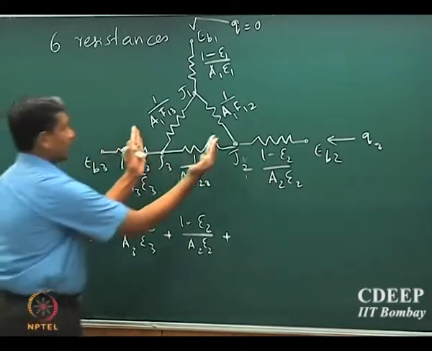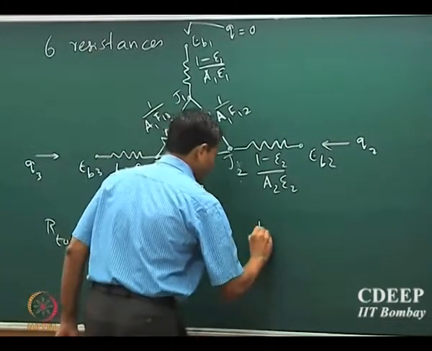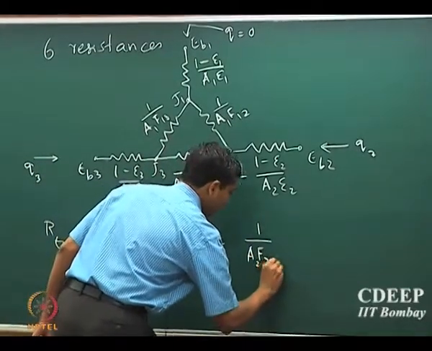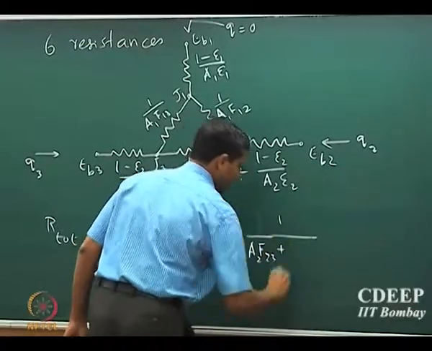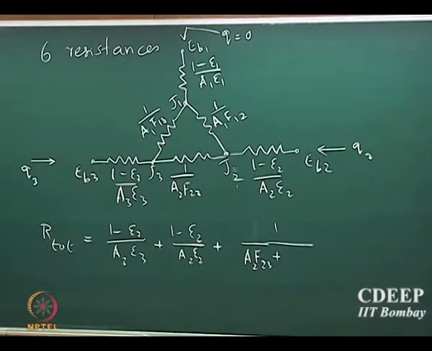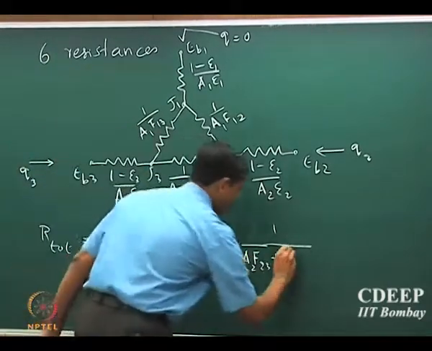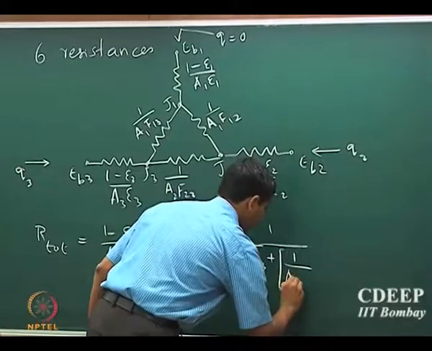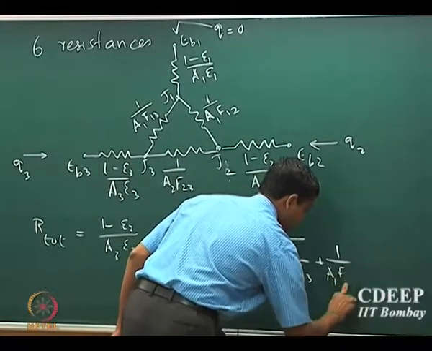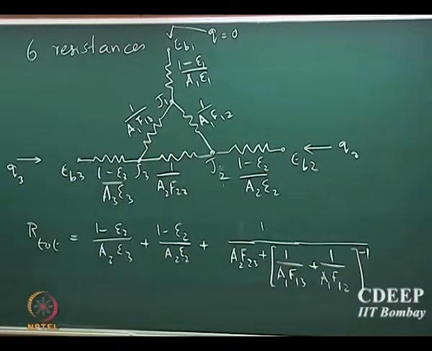What is the resistance for this component between J1 and J2? That is parallel. So, it will be 1 by A2 F23 plus the inverse of 1 by A1 F13 plus 1 by A1 F12. So, that will be the total resistance.